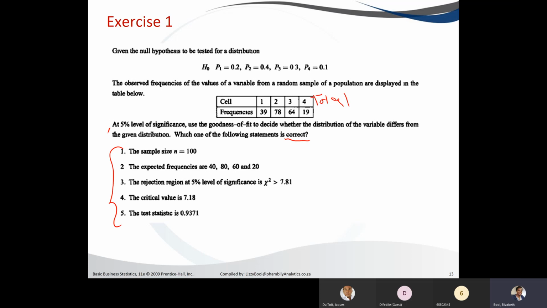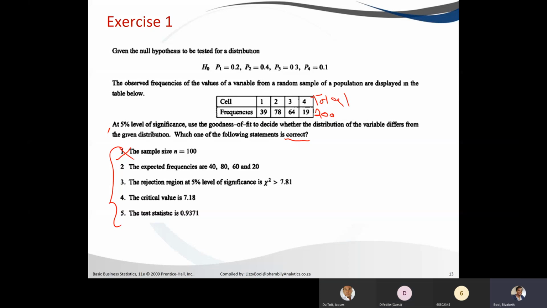Please add all the values and tell me if they are 100, because we're doing this exercise together now. So it's 39 plus 78 plus 64 plus 90, which is 271. And you see there, it said it's 900. So this is not correct, because the total there is 271. So I must write that the total is 271.